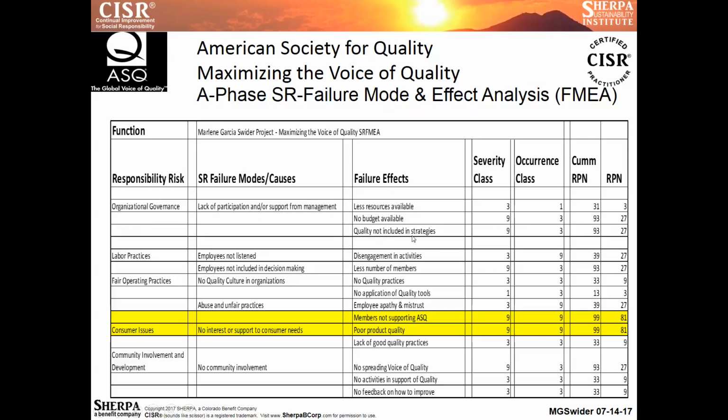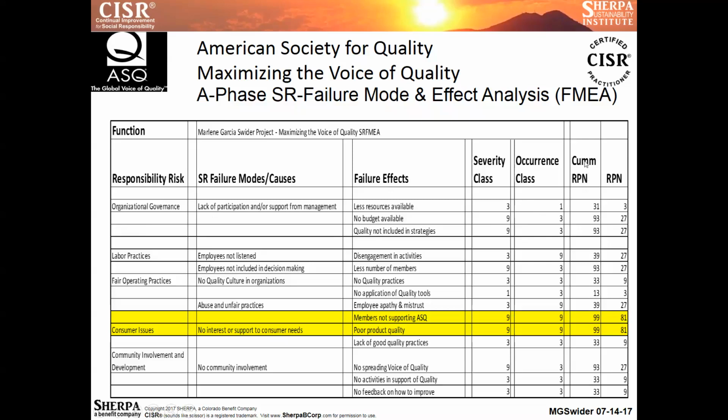So as a group, you decide how severe this failure can be and how prone to occur, or what is the possibility of that happening. And then you start assigning numbers. Something new to me with the use of FMEA in this training for my certification was the fact that the RPN, or risk priority number, can be calculated different ways.